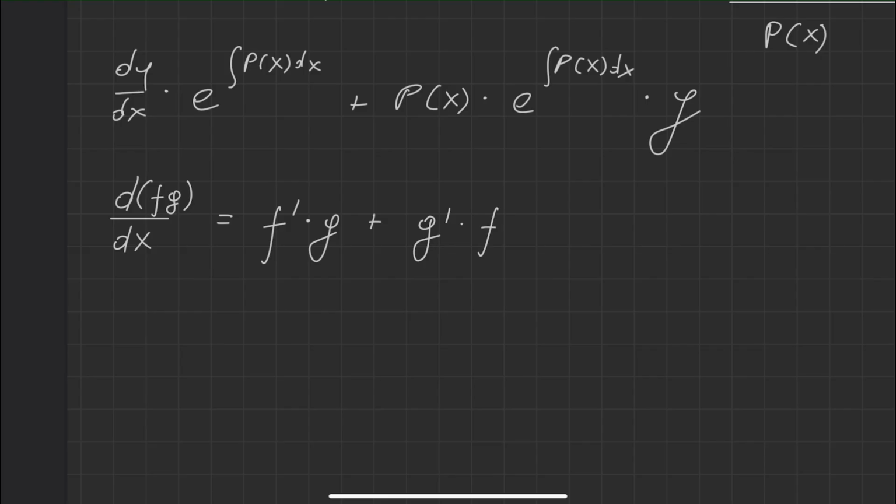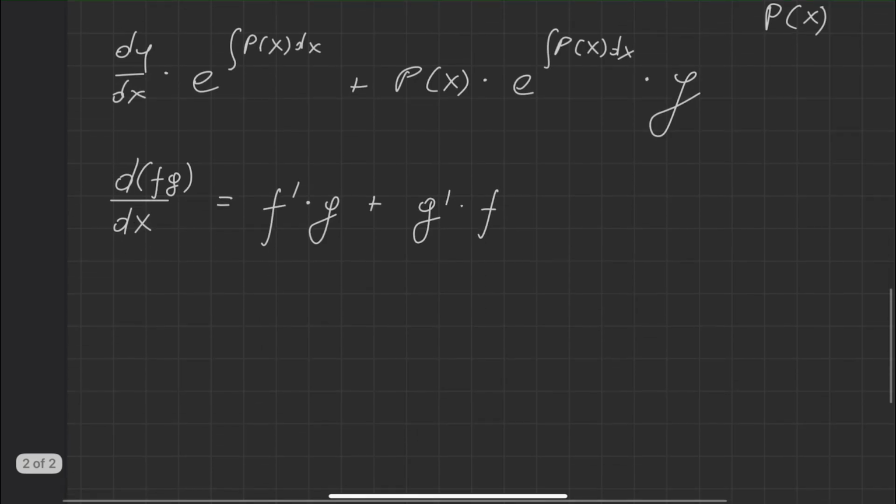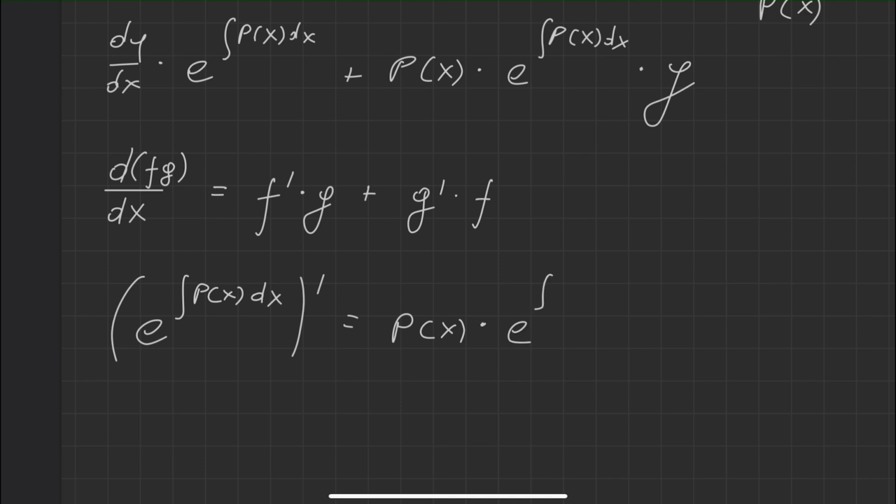So we have already defined one thing, especially that the derivative of this function, which is the integrating factor, will be equal to our initial function, so p of x, times the integrating factor itself, e to the power of integral p of x dx. So we have defined that already.